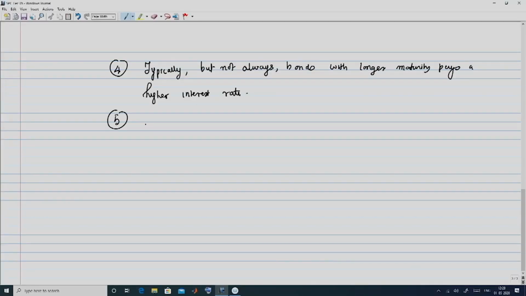Next observation, a bond is completely identified or characterized by two things, namely its interest and its maturity. So, one typical example of a bond is a fixed deposit.